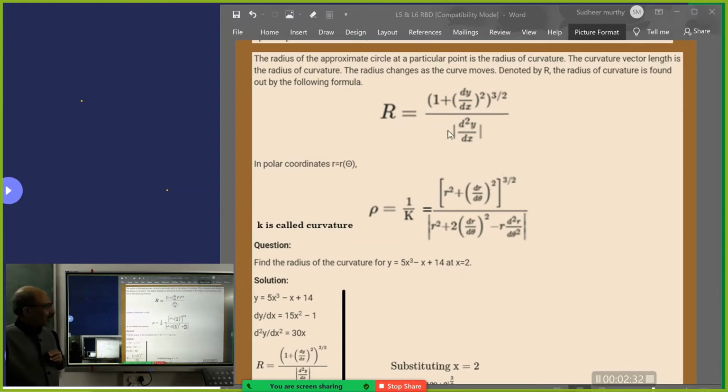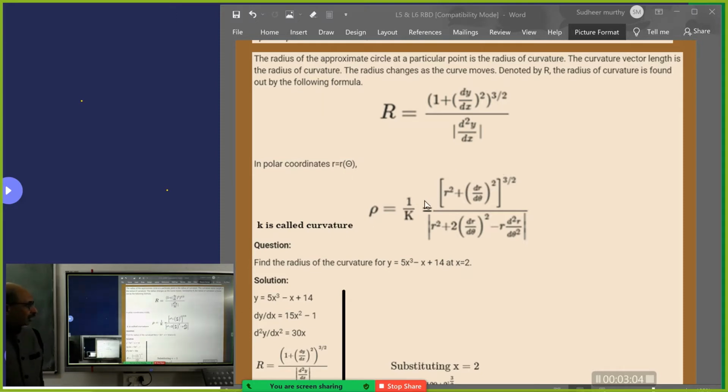You are going to use this quite often in mathematics. This is just to give you an idea that if we encounter issues involving the radius of curvature, this is the formulation you have to use, and you will learn quite a bit about it in mathematics.